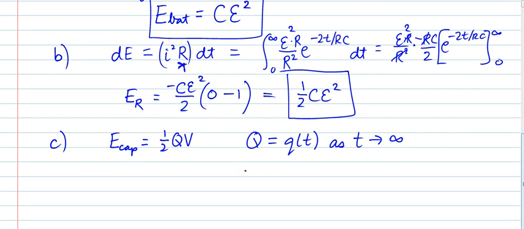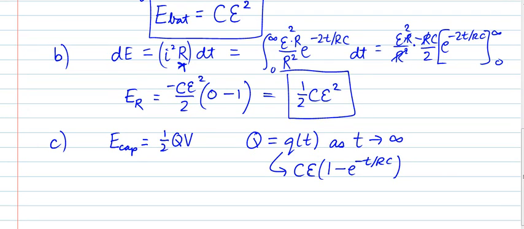So we can write an expression for Q of t: capacitance times voltage times 1 minus e to the negative t over RC. This is another equation I plucked out of the book, and you can find that a little bit later on.